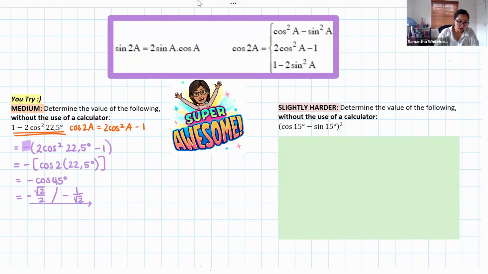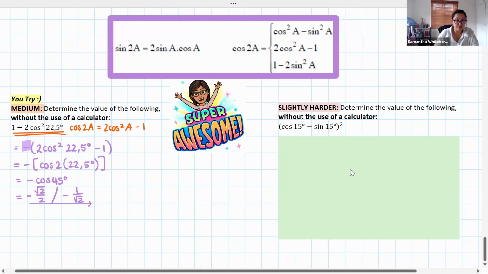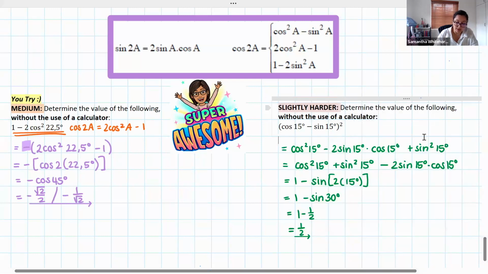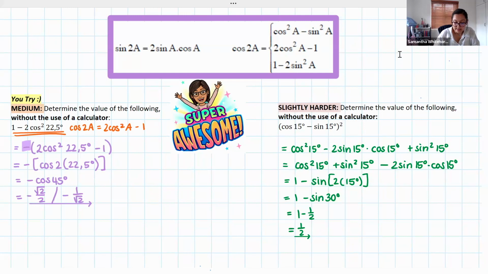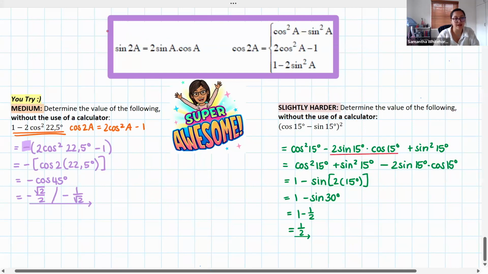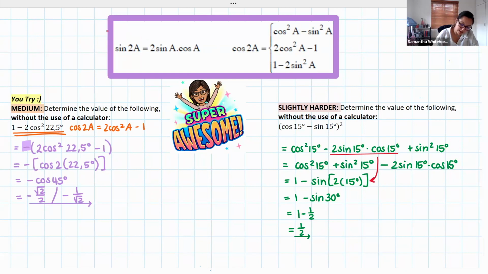Right, the second one was very, very similar to the question that we just did. It was a binomial times a binomial, so you had to deal with that first. Again, what you should have noticed is that the middle term became the sine double angle identity, which is what we ended up with over there. Just bear in mind it had a negative coefficient.